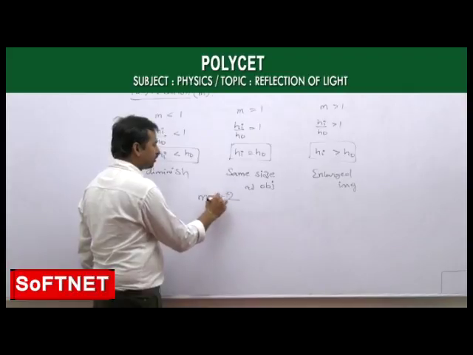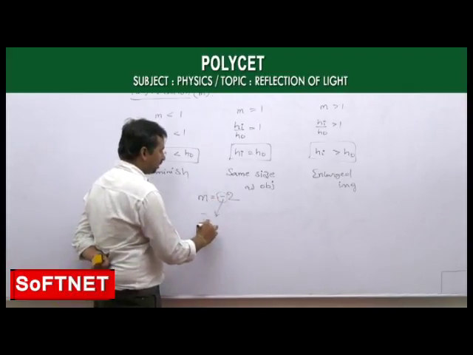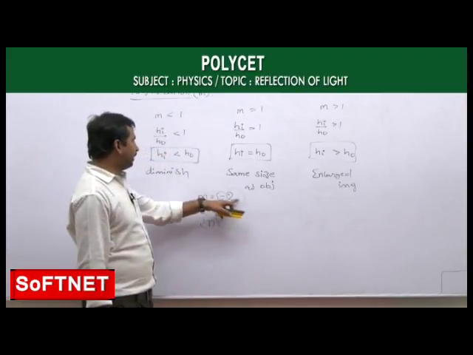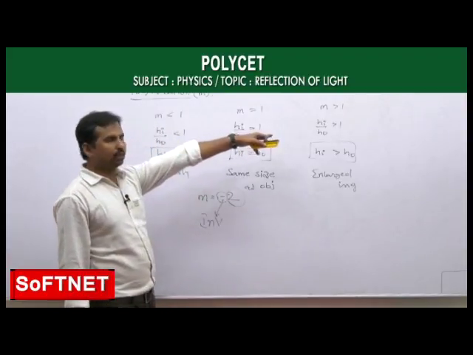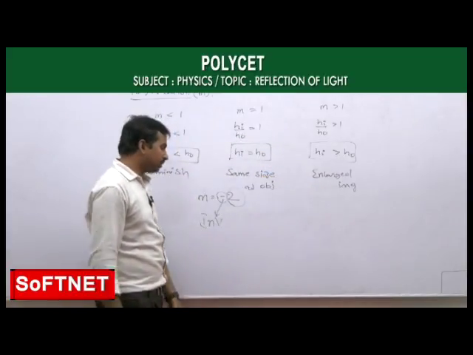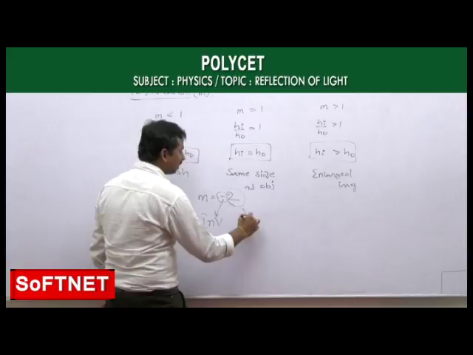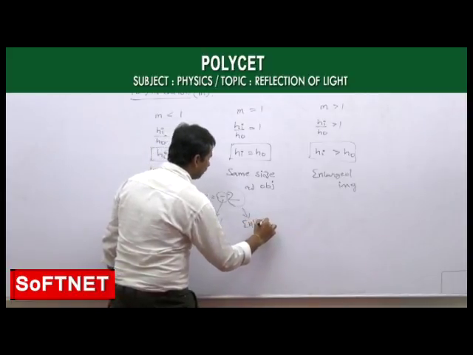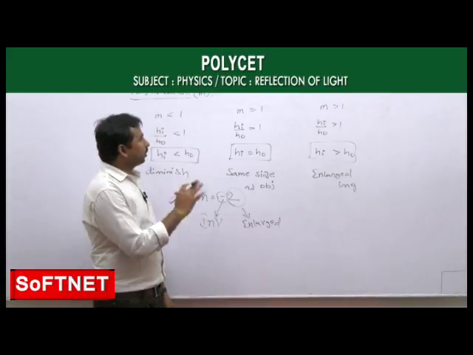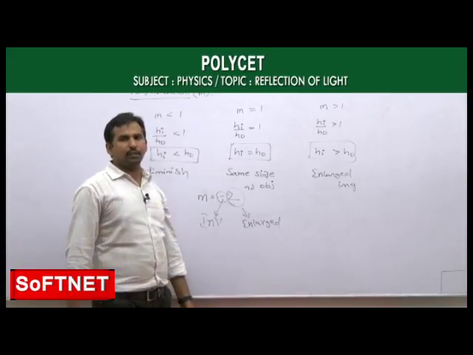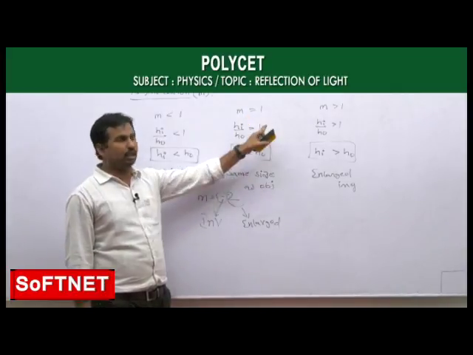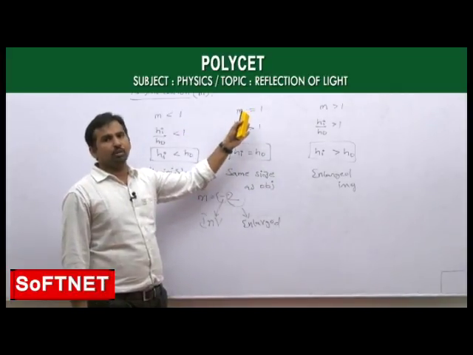The minus represents an inverted image, and 2 is greater than 1, which is our third case. So we get an inverted and enlarged image. Now you have understood how to take the cases of magnification, where m is a magnification factor which may be greater than 1, less than 1, or equal to 1.